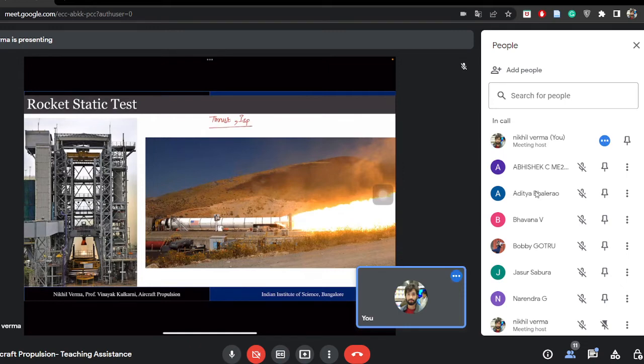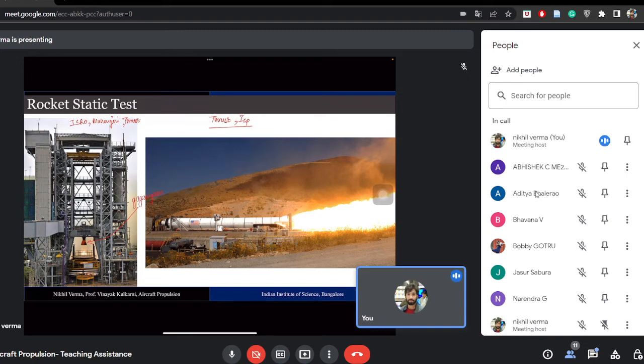Okay, so this thing you can see is ISRO's Mahendragiri thrust stand. The thrust stand is in Mahendragiri, and the rocket that you are seeing here is the engine that will be used in Gaganyaan.